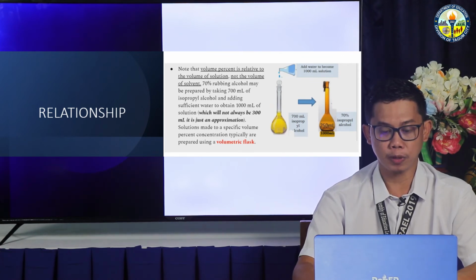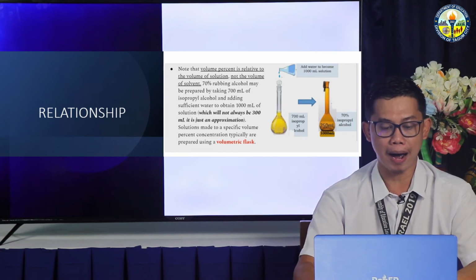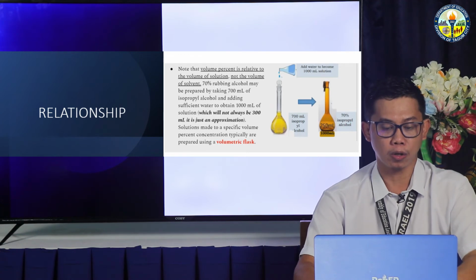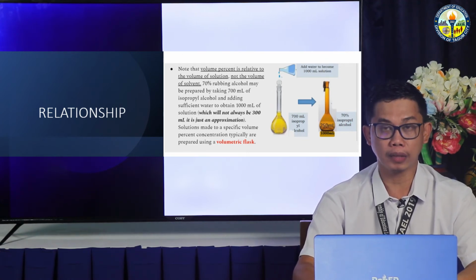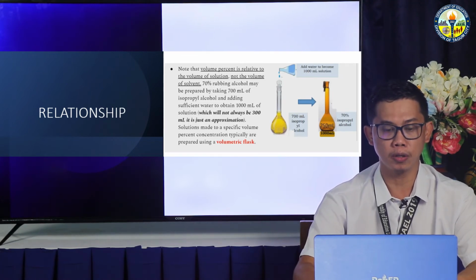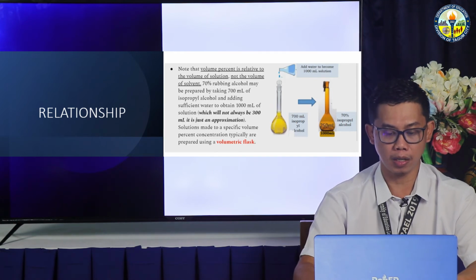A 70% rubbing alcohol may be prepared by taking 700 ml of isopropyl alcohol and adding sufficient water to obtain 1000 ml of solution, which will not always be 300 ml of water. It is just an approximation.